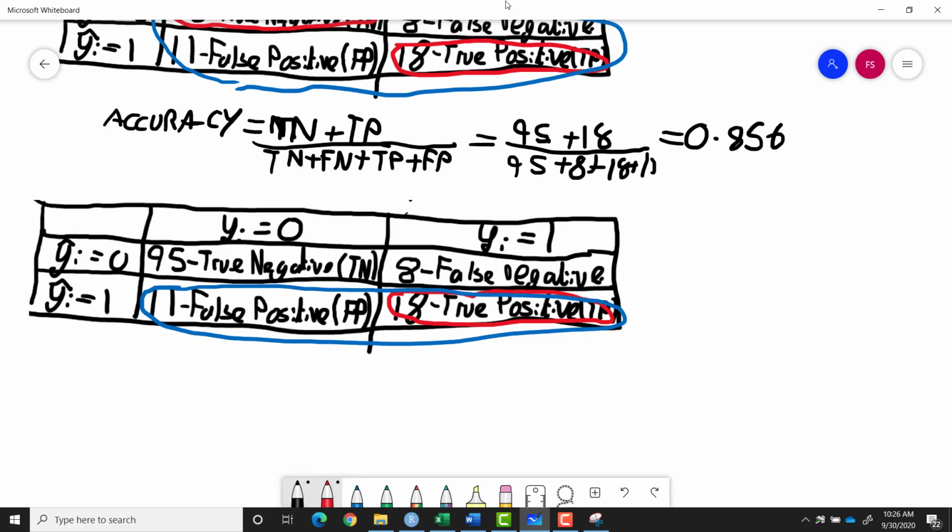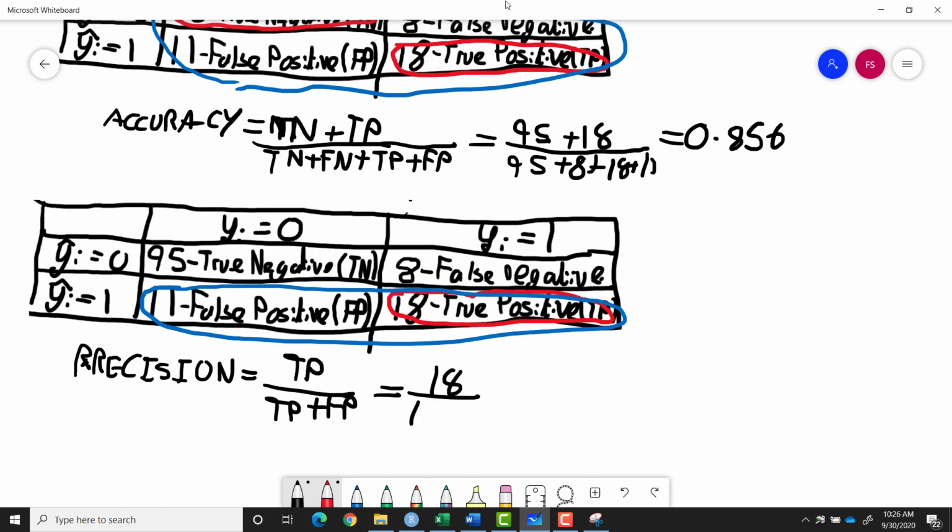So we have precision, which is the true positives divided by the true positives plus the false positives, which in this case is just 18 over 18 plus 11 equals 0.621.